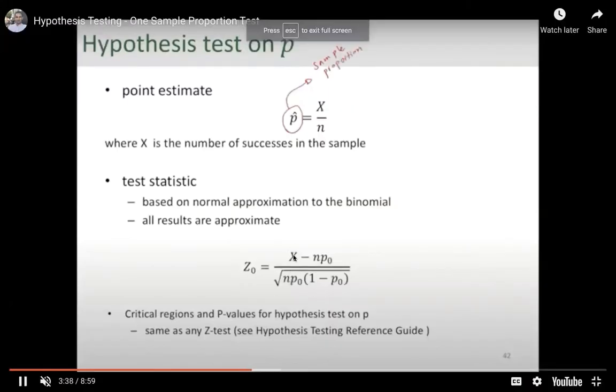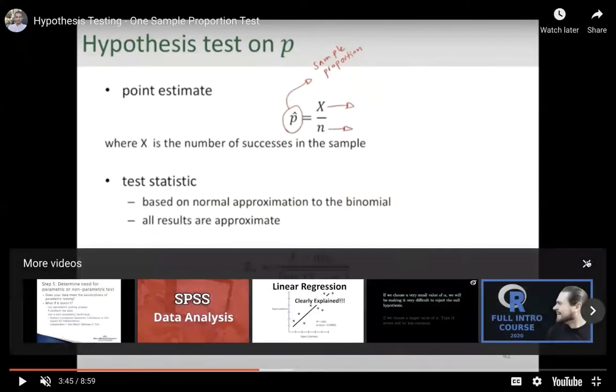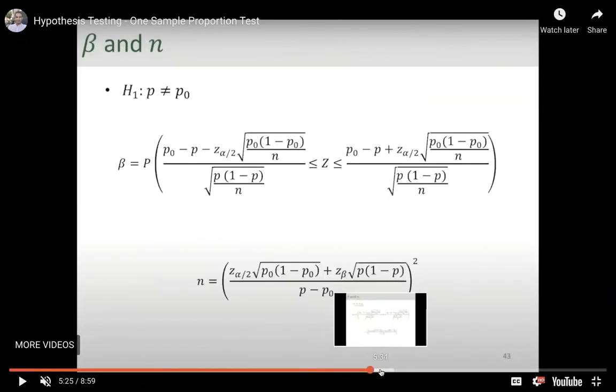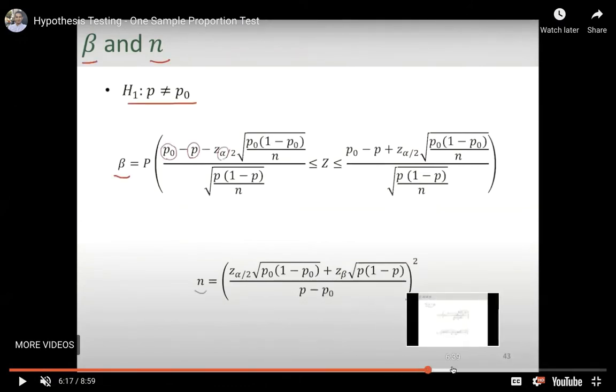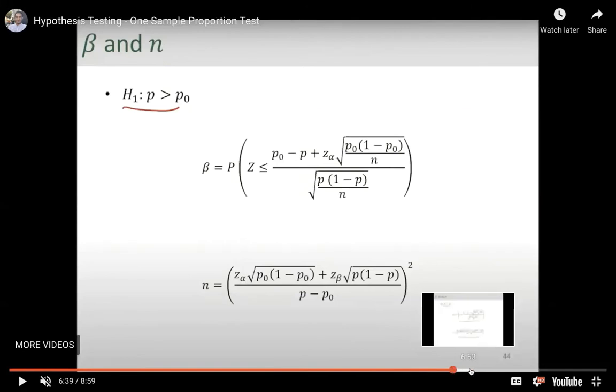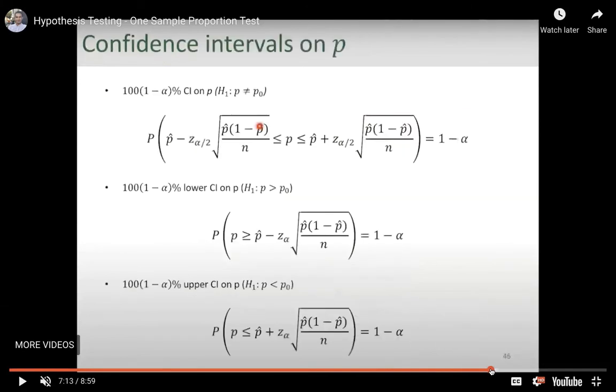So I have X, I have N, I have P null. So I can easily put the test statistics together. And I think it's after this. I'm trying to find the critical regions. The confidence intervals.